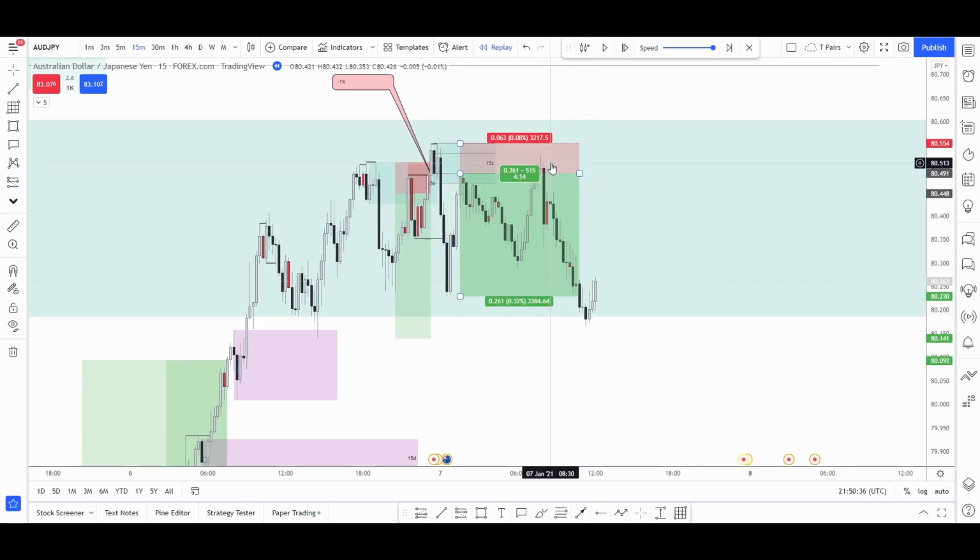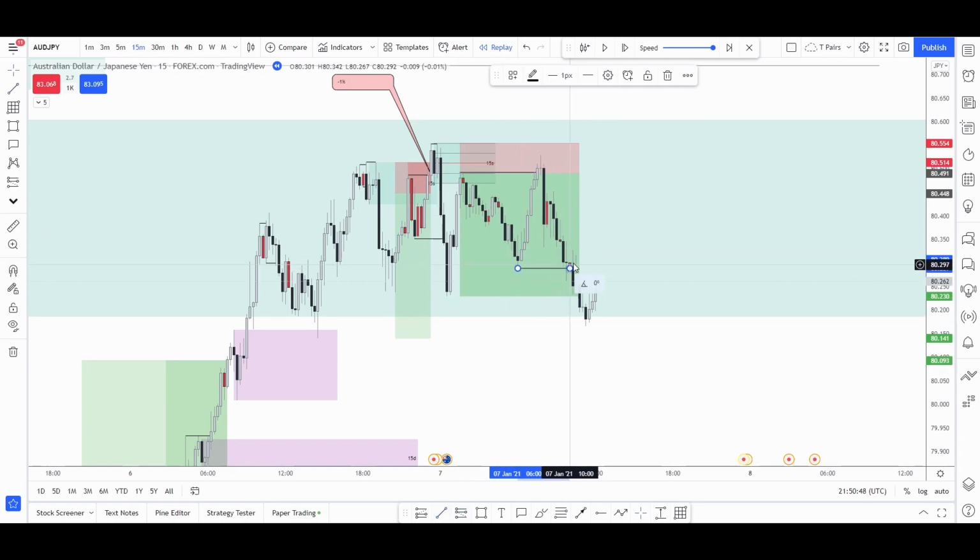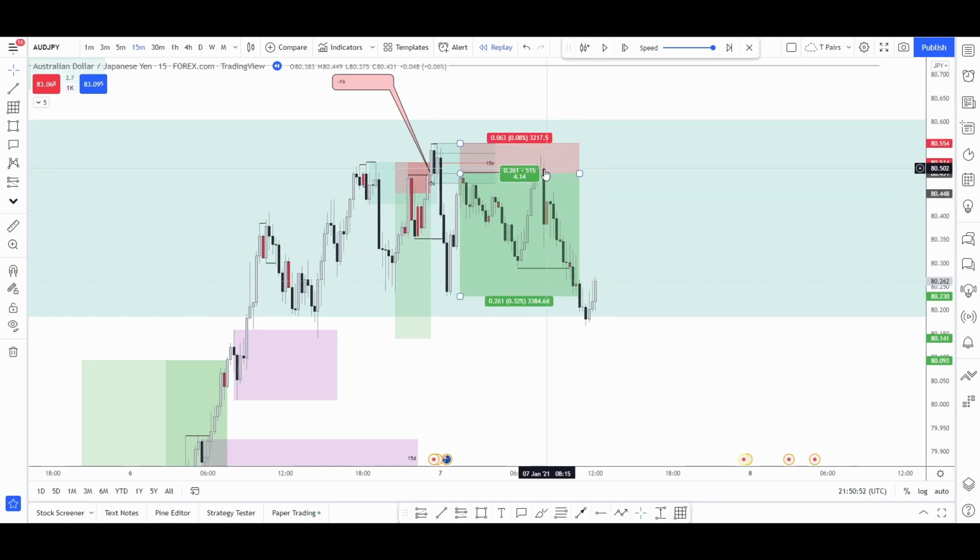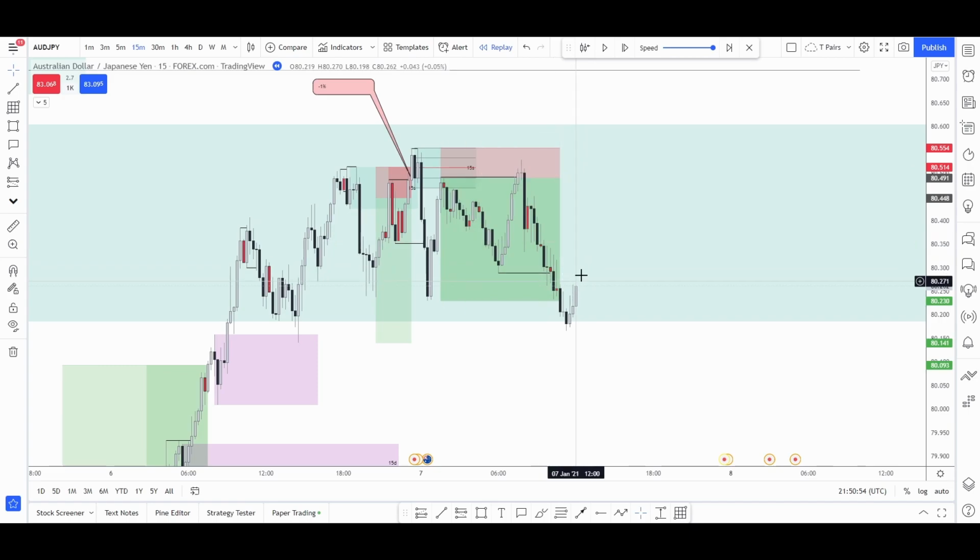We do have quite a nice looking block up here now, actually, come to think of it. So if you think of this high being broken, and then we got this little bit of structure being broken, it depends, I'd be tempted up there depending on what happens just around here.